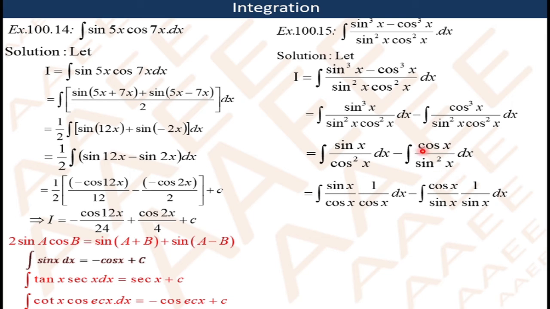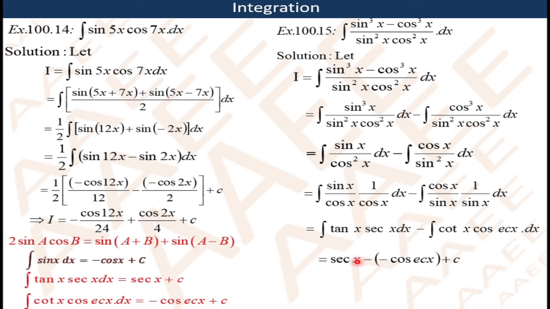Similarly, we can split this term cos of x upon sin square x as cos of x upon sin of x into 1 upon sin of x. So this one will be the integration of sin of x upon cos of x into 1 upon cos of x dx minus integration of cos of x upon sin of x into 1 upon sin of x dx, and that will be integration of tan of x into sec of x dx minus integration of cot of x into cosec of x dx.